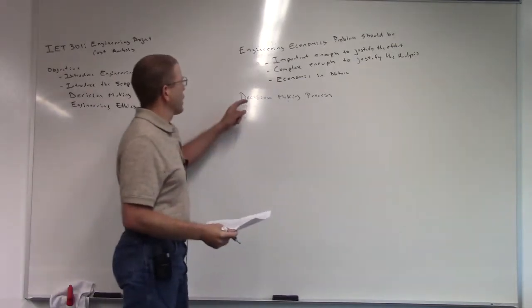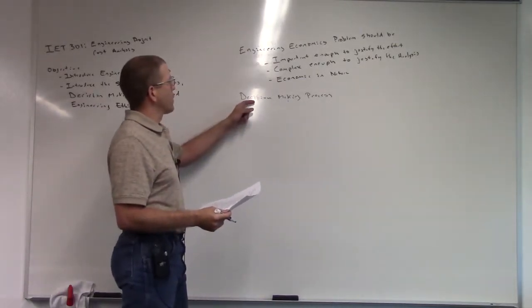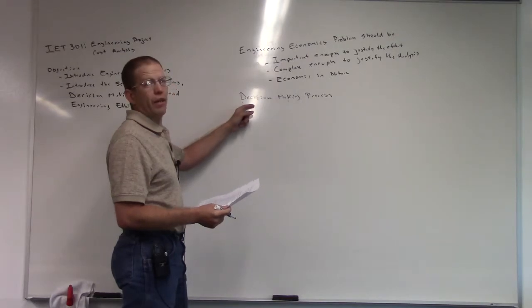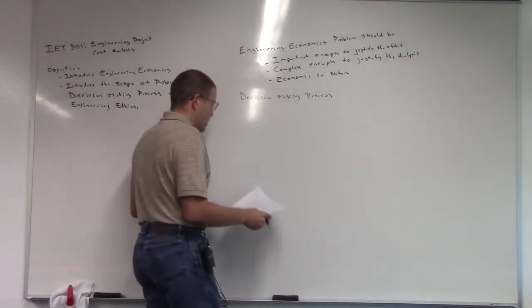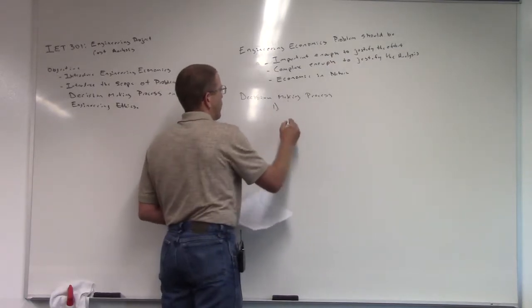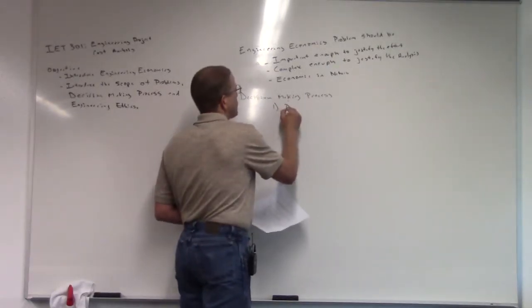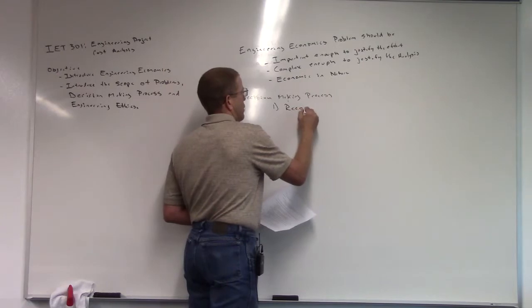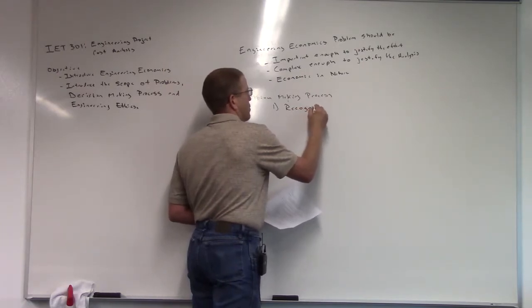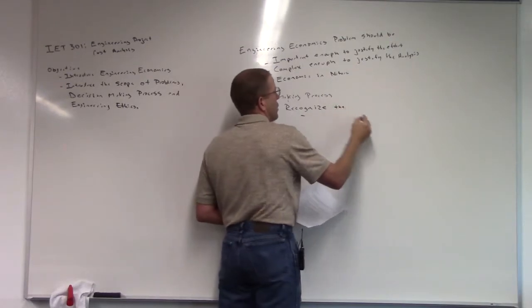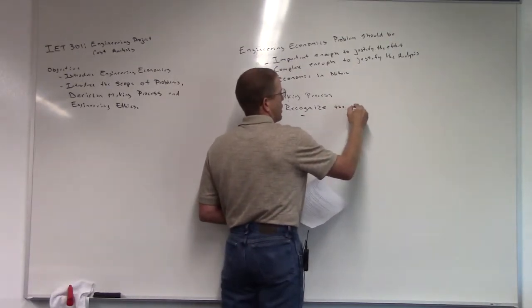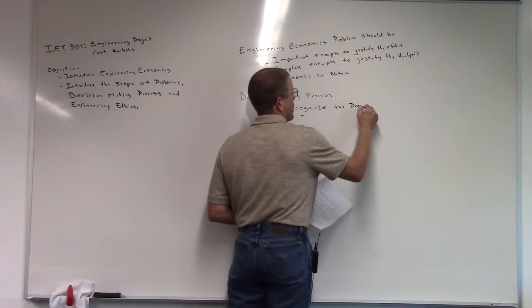You'll notice that if you're familiar with the scientific method, this process follows some of the same conventions. So first thing we have to do is identify the problem. The book actually says recognize the problem. And there are two ways that problems are typically recognized.